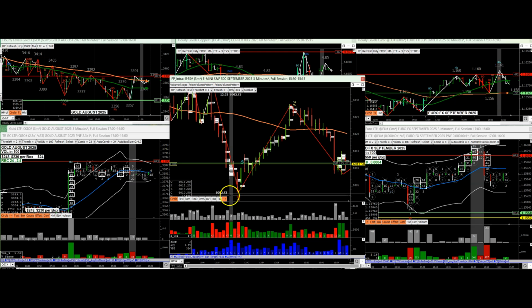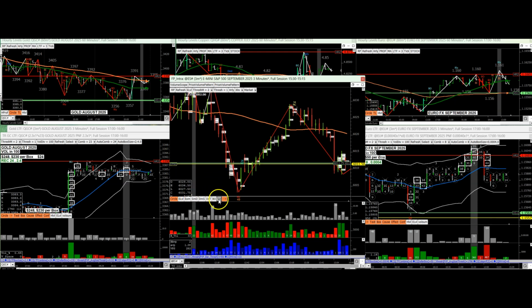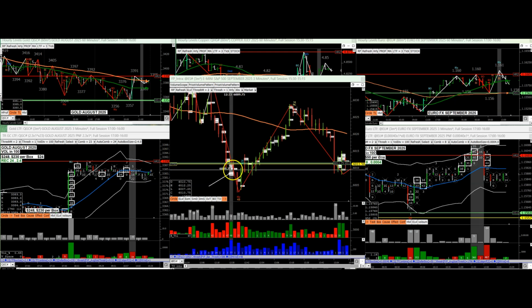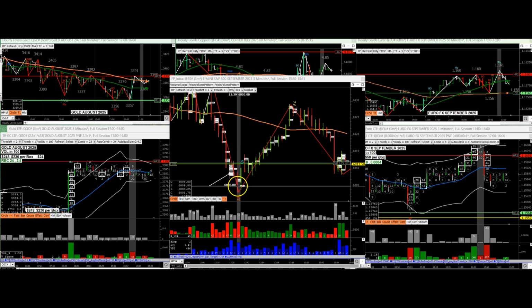So volume per price right here in this bar is the biggest in 77 bars, and the volume is quite high. They're accumulating here. Now it breaks some more, and that's fine.